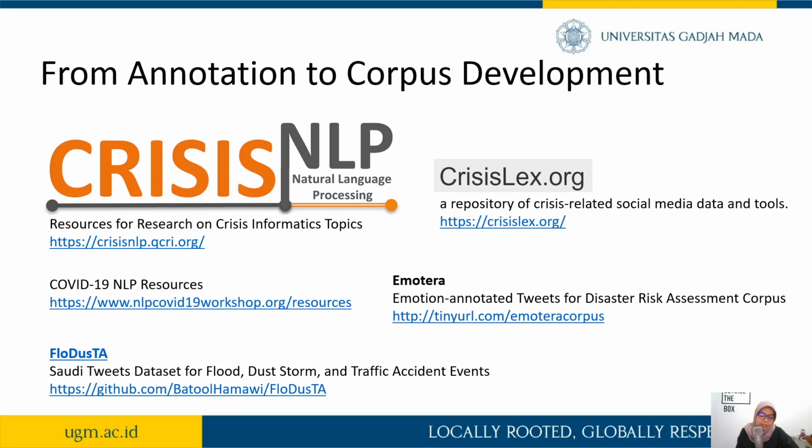All right. So the annotation that has been conducted usually results in a corpus, and there are some corpora that are actually shared publicly for free. One of them is CrisisNLP. This is probably one of the most comprehensive ones. It is a resource for research on crisis informatics topics, and if I'm not mistaken, it consists of 14 different datasets related to crisis or disaster.